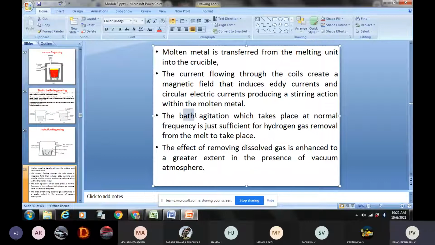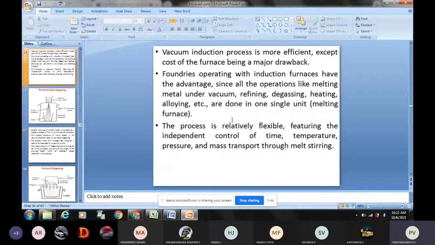The liquid metal agitation which takes place at normal frequency is just sufficient for hydrogen gas removal from the liquid metal. The effect of removing dissolved gas is enhanced to a greater extent in the presence of a vacuum atmosphere. So the vacuum gives us good, pure metal. The vacuum induction process is more efficient, except that the cost of the furnace is a major drawback, because the entire furnace is maintained within the vacuum chamber.